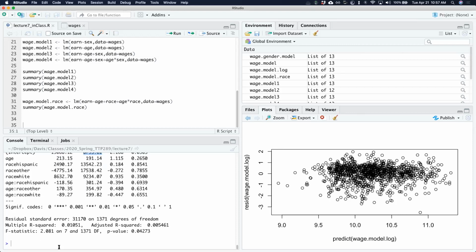Just because a variable isn't significant doesn't necessarily mean that it doesn't belong in the model.